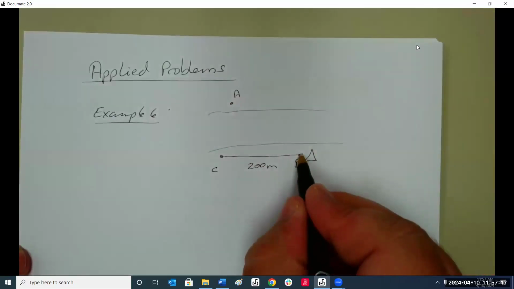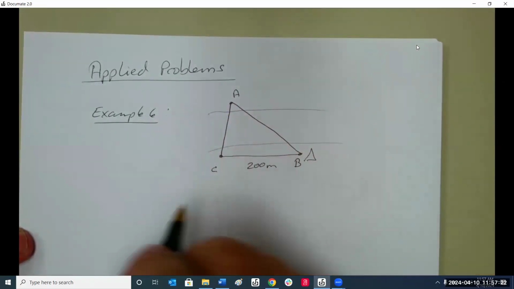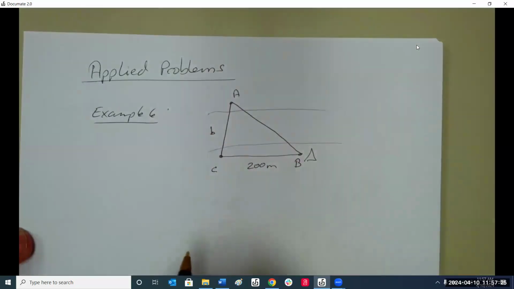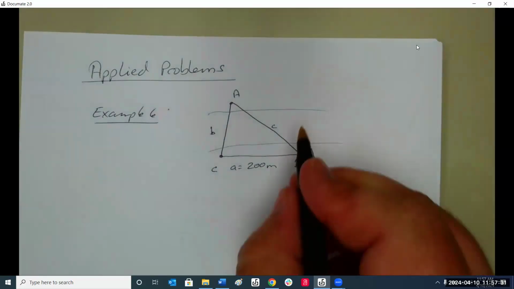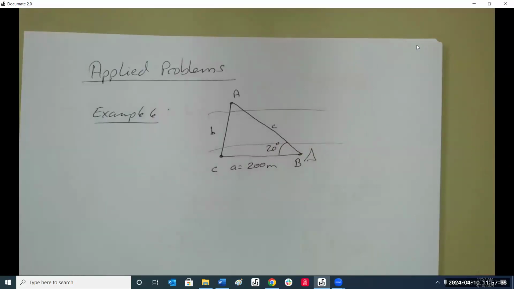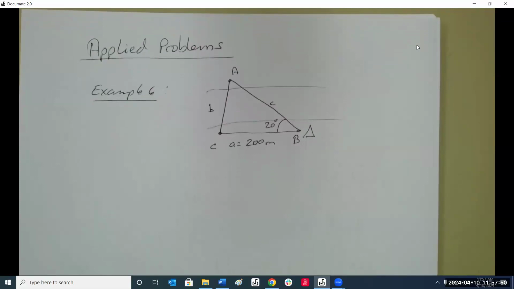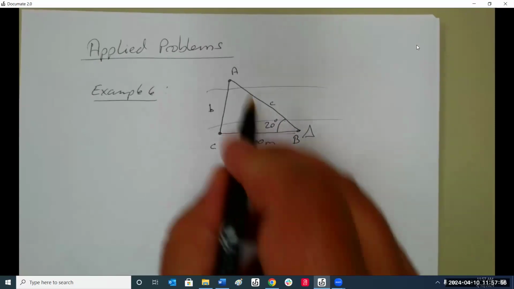That's point A. And we know this angle here is 20 degrees. So how are we going to solve this? We know this. We want to know the width of the river.